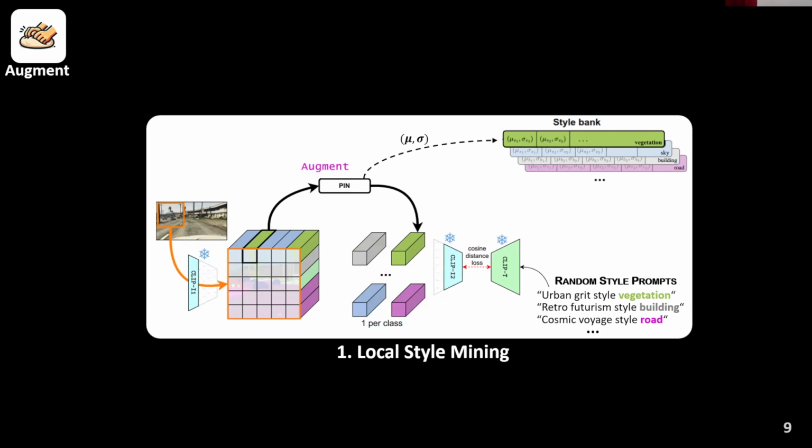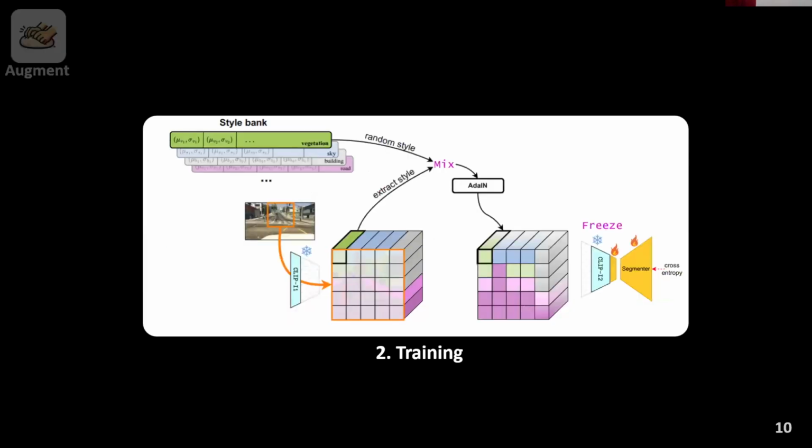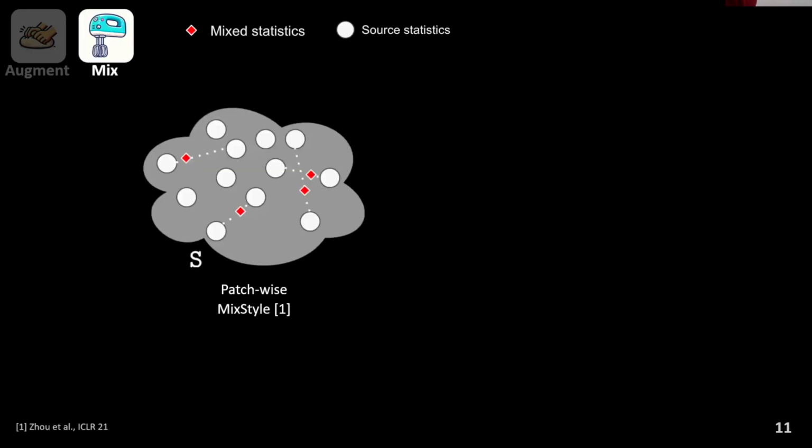Okay, once we have our style bank, we want to use it for training our segmentation model. And the way we introduce that is by introducing a component, an ingredient that we call mixing, and then training the encoder by freezing part of the CLIP image encoder. Let's detail a bit the ingredient of mixing.